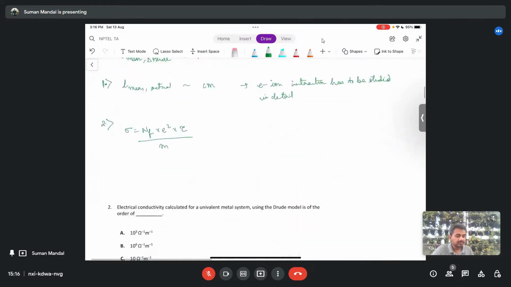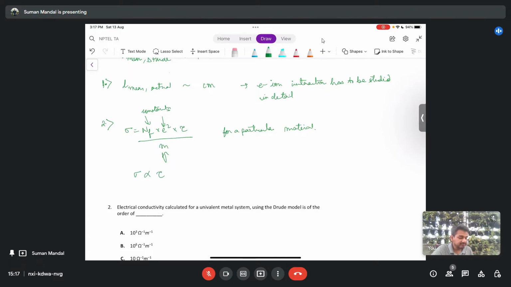Now for a particular material or metal, e is fixed, n is fixed, m is fixed. So all of these are constants for a particular metal. So sigma should be proportional to tau.